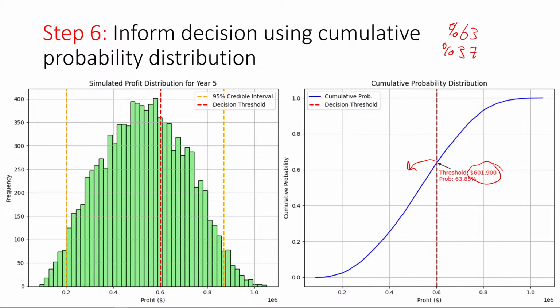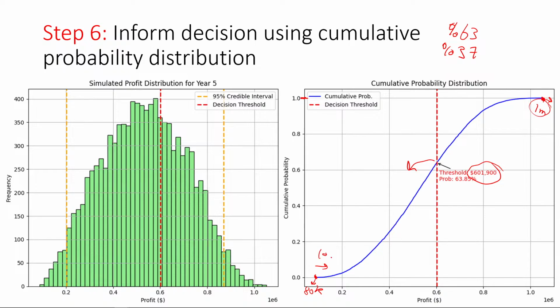Here again, what is the probability that my project will make 1 million? It's almost zero that I will exceed 1 million. Now here, remember this number was 80,000. What is the probability that my profit will be above 80,000 K?